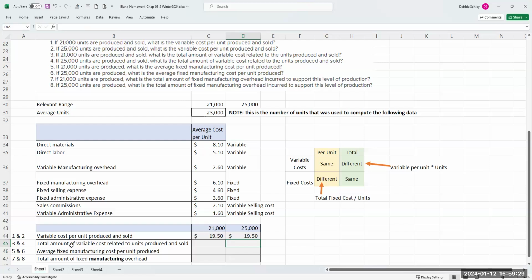Now, the total amount of variable costs related to the units produced and sold. So 3 and 4 are the 21,000 units and the 25,000 units. And they want the total variable, which if you'll recall, is going to be different depending on how many units we produce and sell. And so to get that total, again, we take the variable per unit times the number of units.